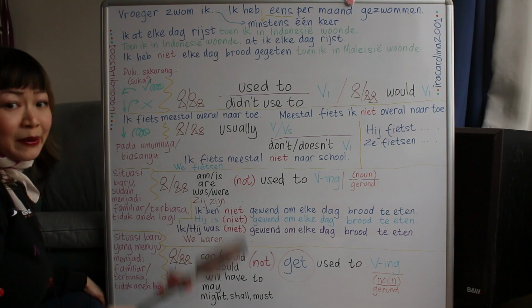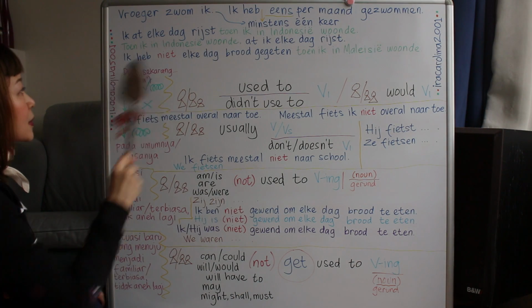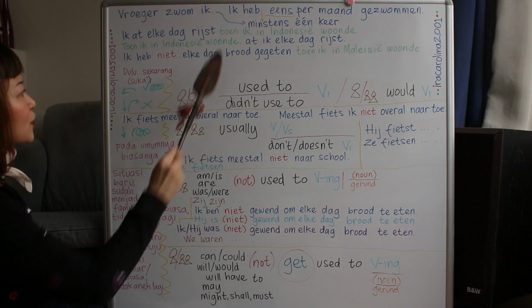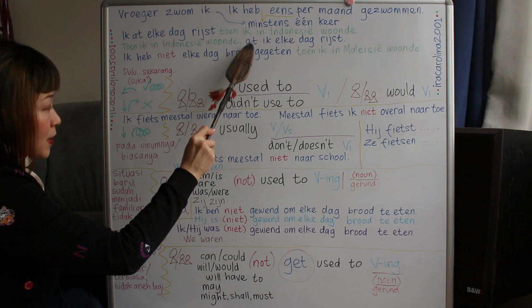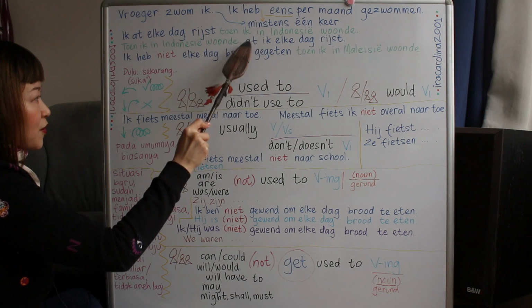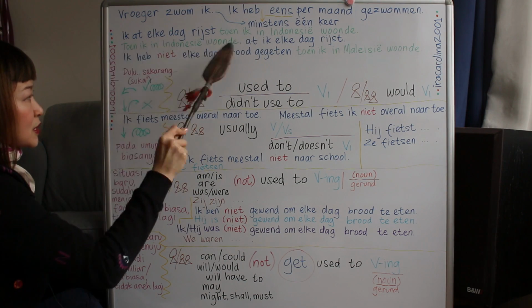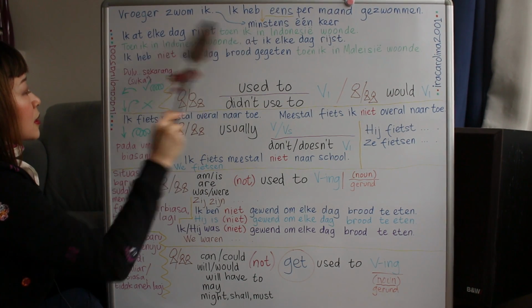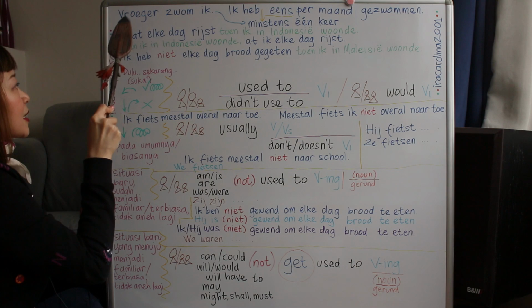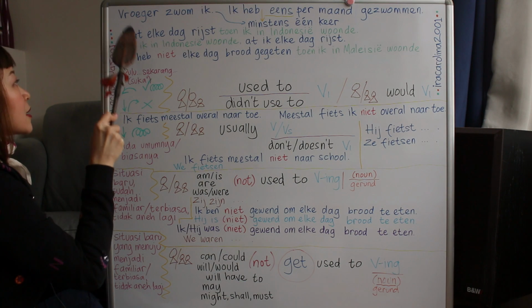If you put the time signal first, the verb comes right after the time signal words. Here you have ik, and then this is the subject and then the verb.